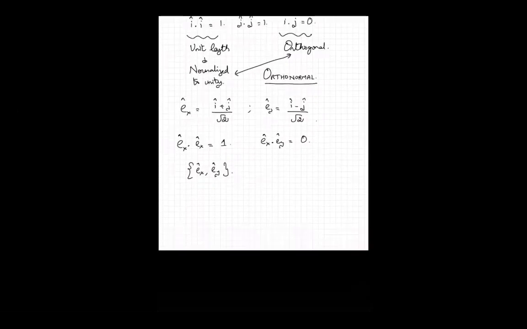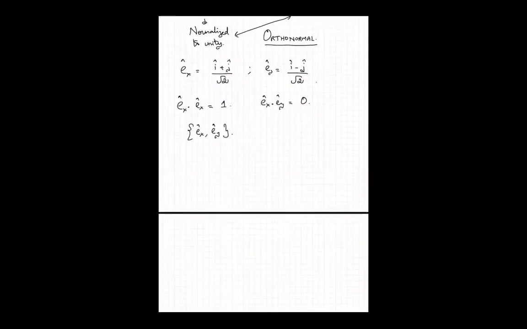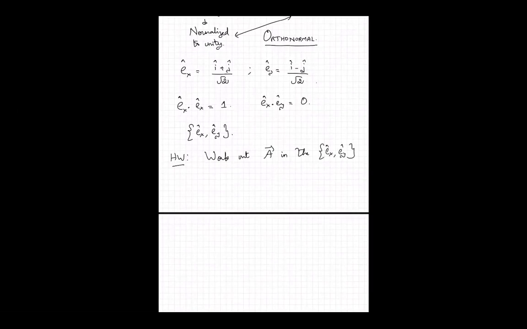Now I will leave it to you as a very small homework to work out the components of a vector in the ex ey basis. What would you do? You would first write ex and ey in terms of i and j, but you already know that A vector is 2i plus j.